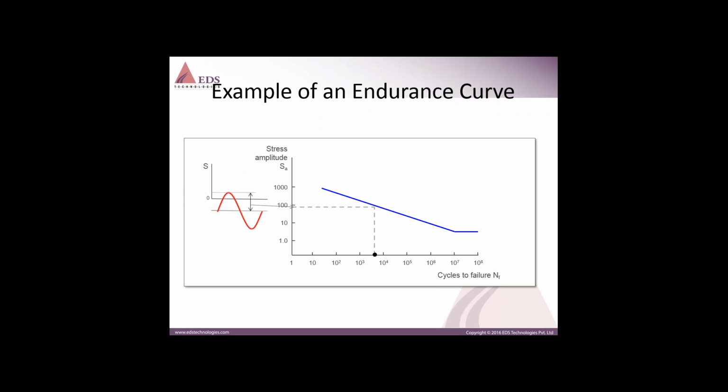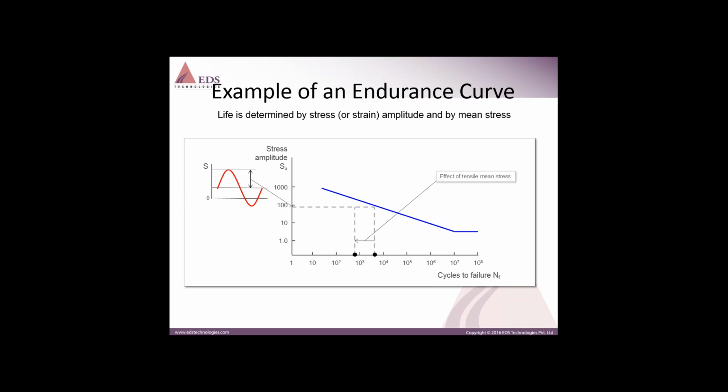Similarly, if in your loading you have more compressive component, the life increases. This is nothing but the effect of compressive mean stress. So life is determined by stress amplitude, or of course strain amplitude in the strain life curve approach, and mean stress.